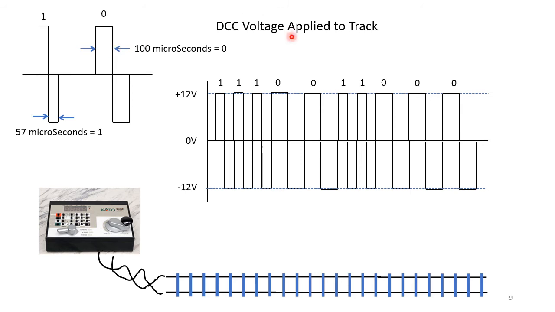So by transmitting a series of plus and minus 12 volt pulses, with widths of 57 microseconds or 100 microseconds, I can send a string of digital 1s and 0s along the track to control the trains.